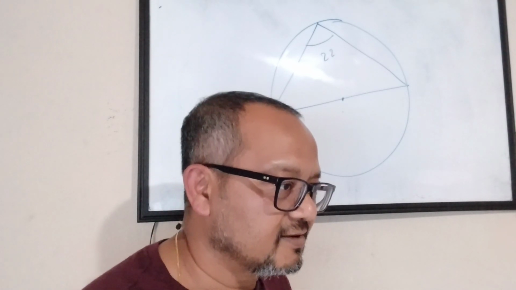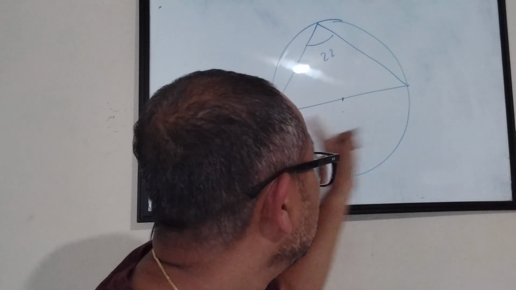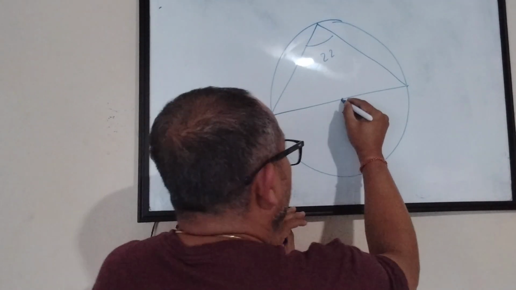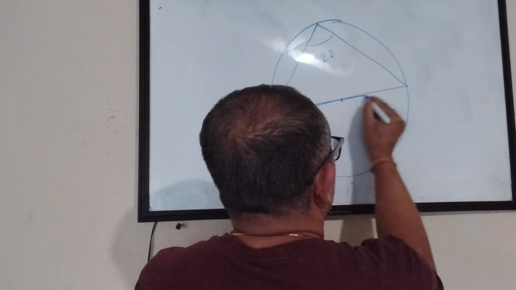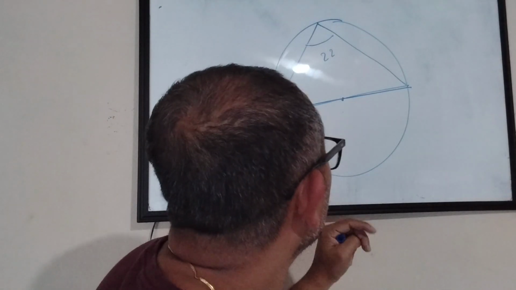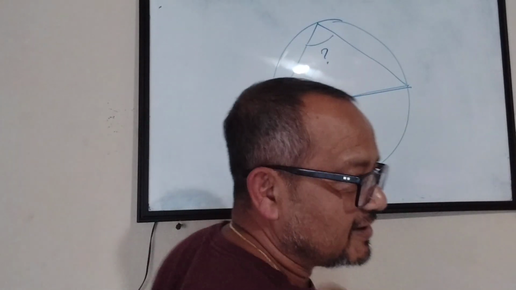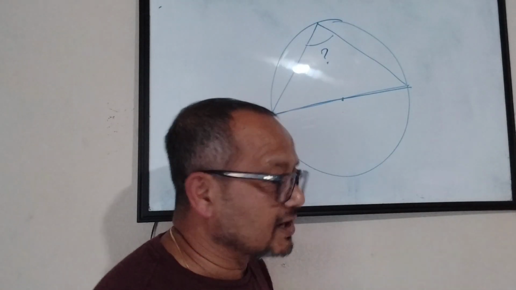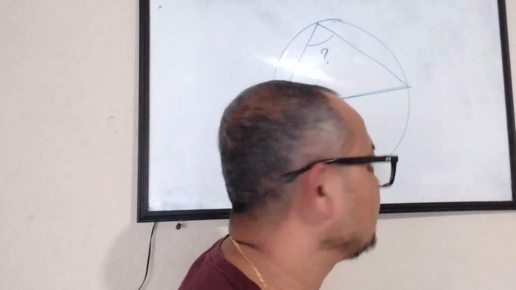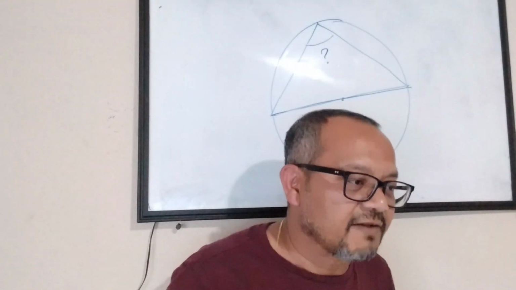Wait, so is that the circle and diameter? I said this is my diameter, meaning these 2 points are going through the center. This is not 22, this is a question mark. I want to know what is the value of this angle. Yep, yeah, Vishal, 90 degrees. Okay. Anybody else having a different point of view?